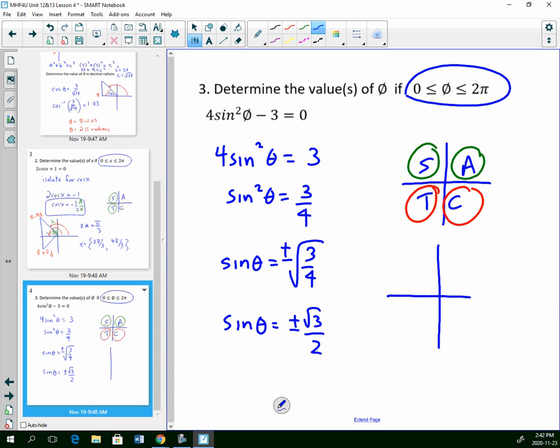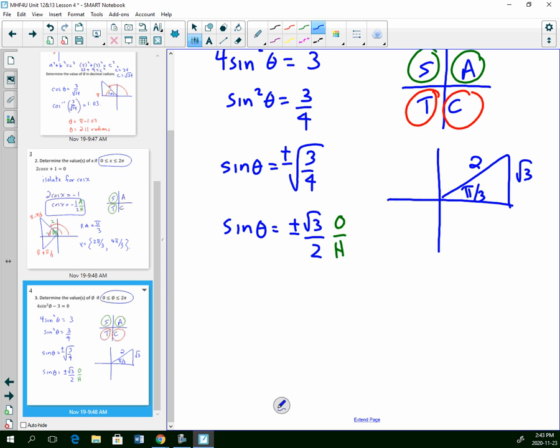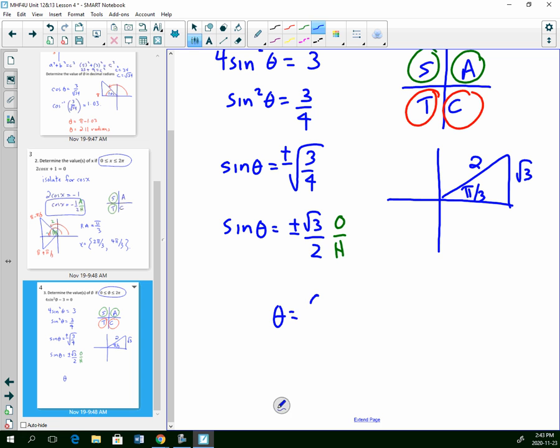So my related angle: sine is opposite over hypotenuse. The opposite side is root 3, the hypotenuse is 2. So it has a related angle of pi over 3 again, and it's pi over 3 in all 4 quadrants.